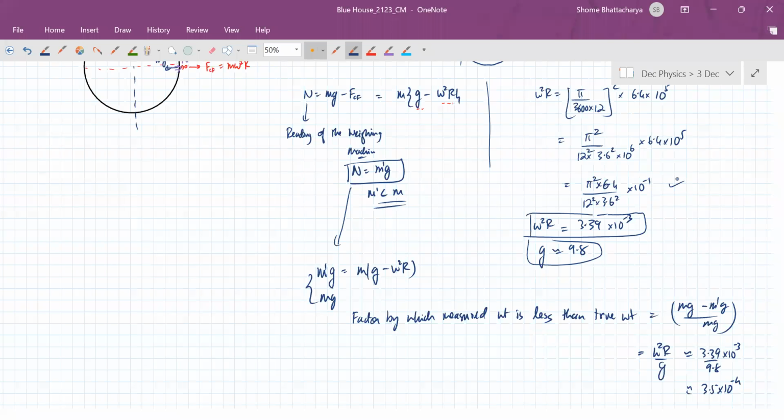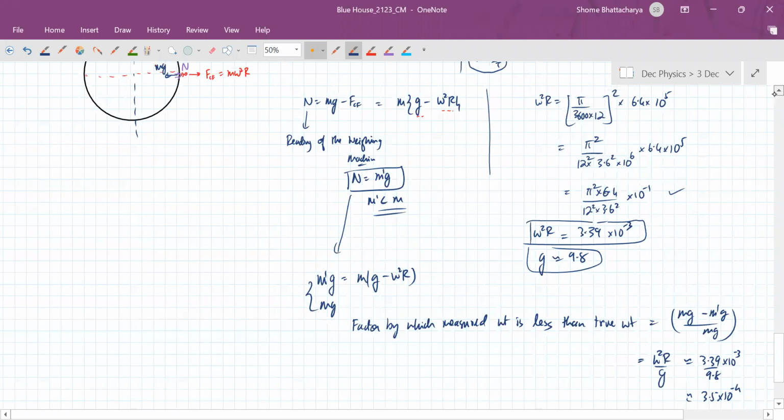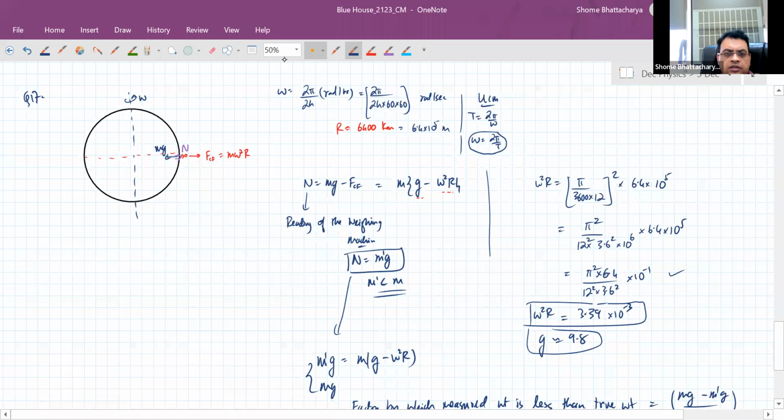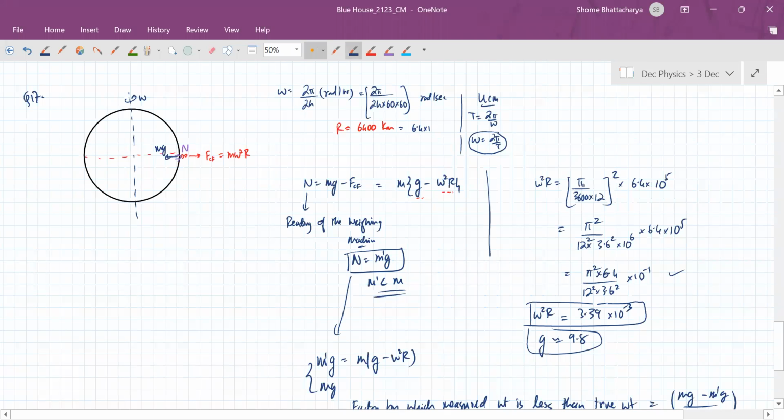Sir, we have to take 6.4 into 10 to the power 6, no? Is it? 6,400 kilometers. Yes, yes. Okay, so this is 10 to the power 6 and that's how we get the answer.